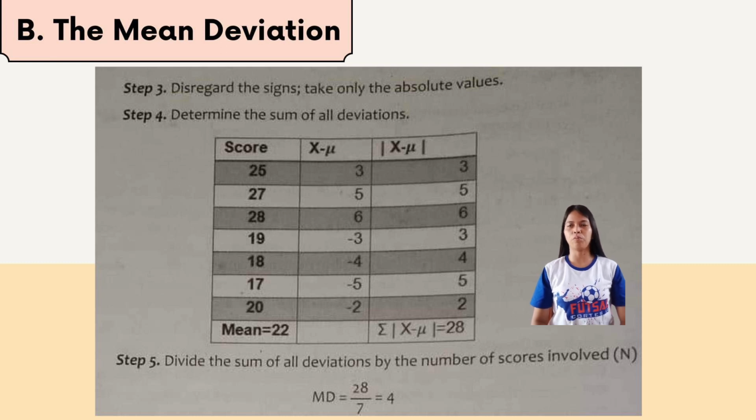Here's the picture, we can see this in step 4. Step 5, divide the sum of all deviations by the number of scores involved, n. So, here is the formula. MD equals 28/7 equals 4.